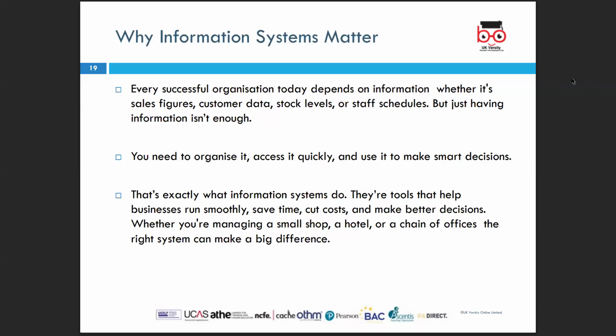We need to organize it, access it quickly, and use it to make smarter decisions. That's exactly what information systems are there for. These tools help businesses run smoothly, save time, save money, and make better decisions.